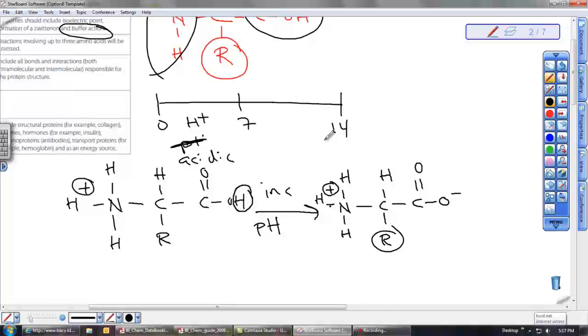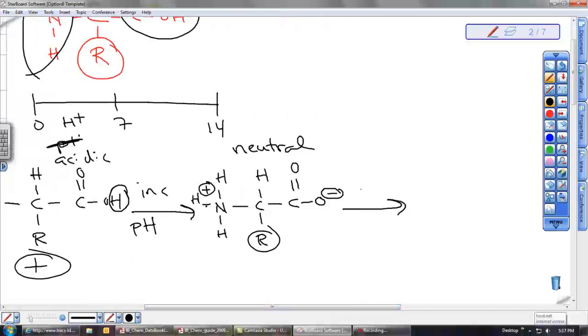Now notice, we have one compound with both positive and negative charges present. This compound is neutral. There is no net charge on this compound. This compound, at low pH, has a net positive charge. If we continue to increase the pH, meaning removing H pluses, or you can even think of that as adding OHs. What is the next part of this that's going to lose the H? Over here. So at extremely high pH, here's what you have.